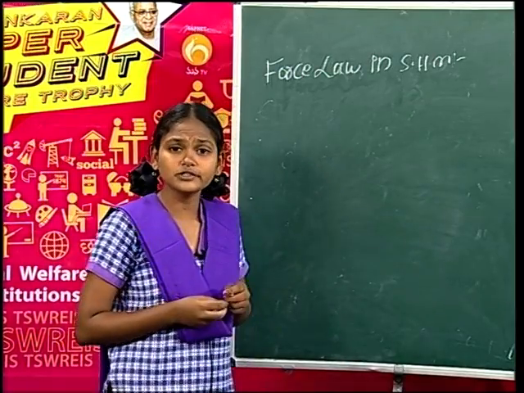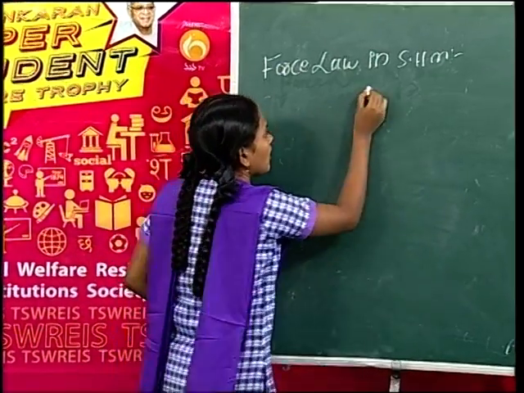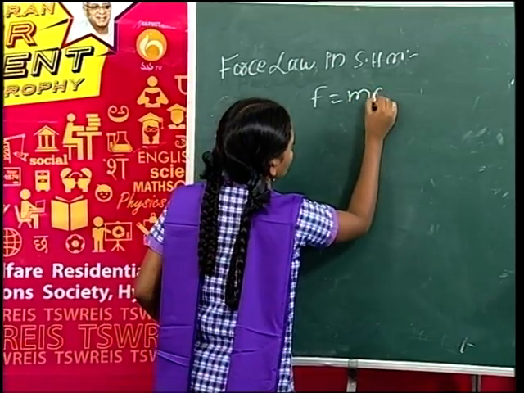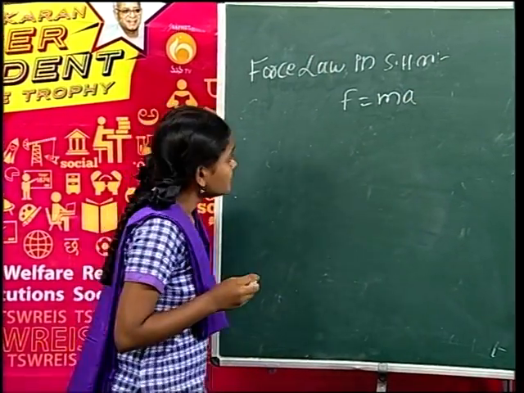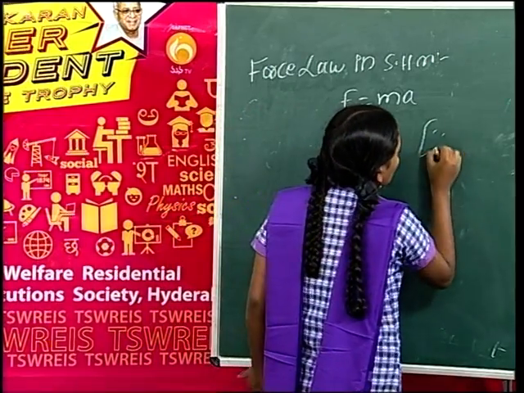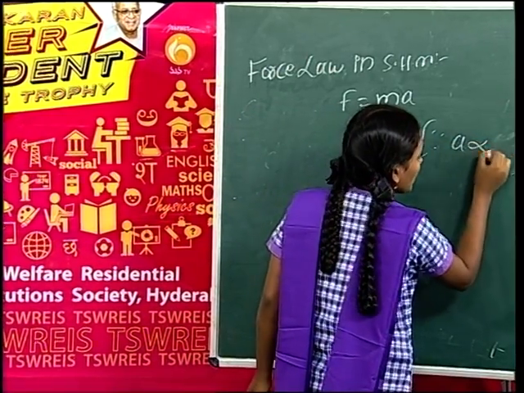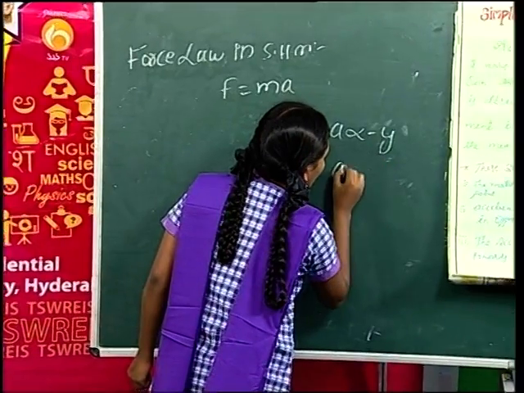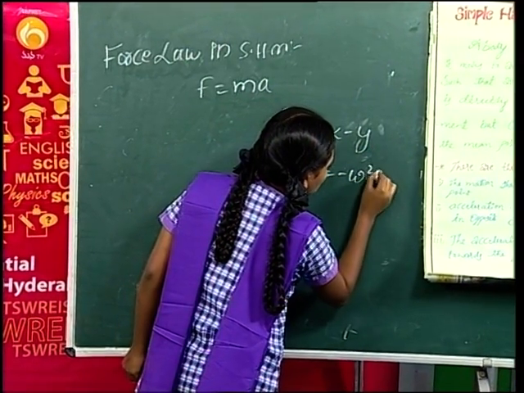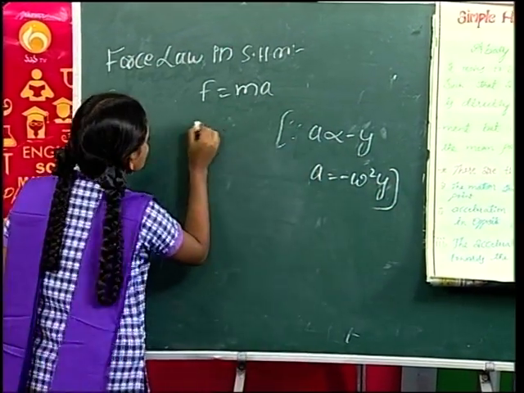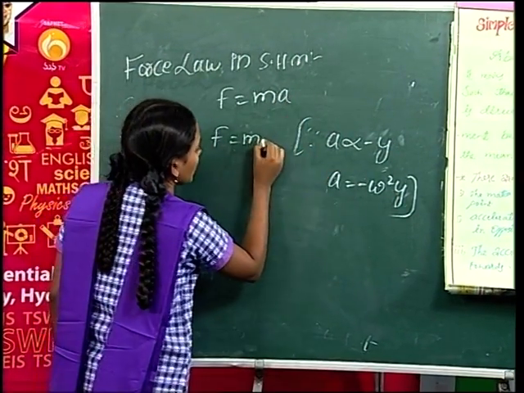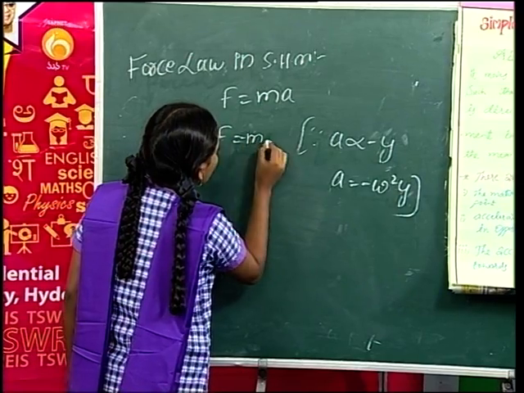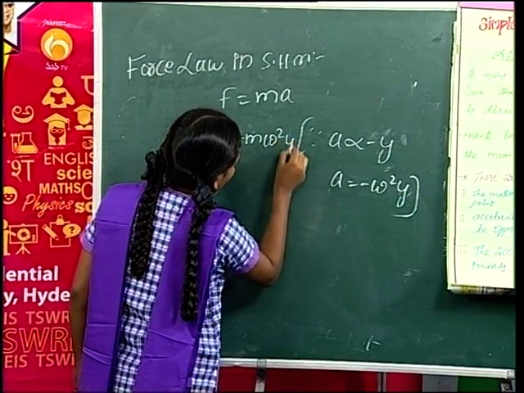What is Newton's second law? F equals ma. What we know very well is that acceleration a is directly proportional to minus y: a equals minus omega square y. So F equals m times a. Now we substitute the value of a, which is minus omega square y.